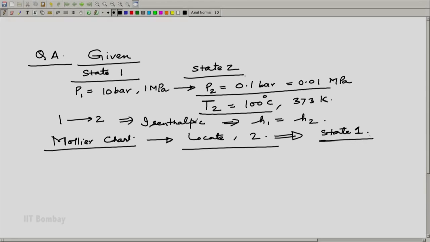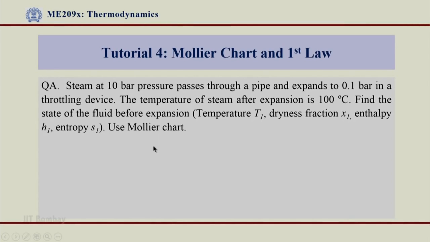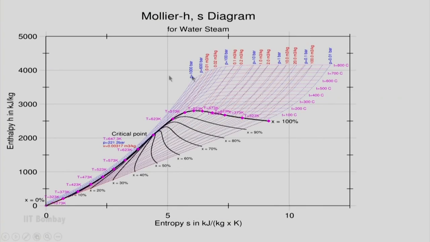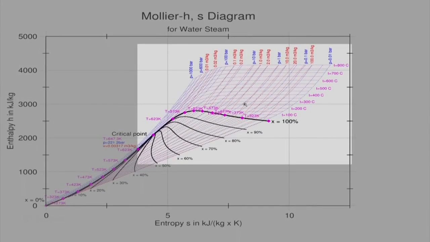Alright, so let us go now to the Mollier chart and understand what it shows. From here I will go to the Mollier chart, and this is the Mollier chart. From here I will locate now the state 2, which is P2 equal to 0.1 bar or 0.01 MPa, and T2 equal to 100 degrees centigrade. So, I can highlight the place where I want to go.